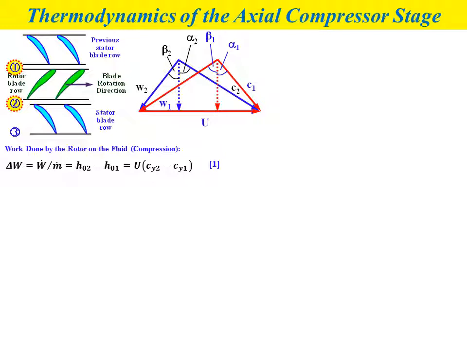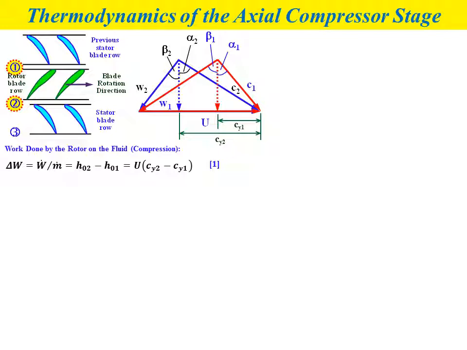Based on the Euler equation, delta W also equals U multiplied by bracket Cy2 minus Cy1. Cy2 is the y component or tangential component for vector C2, and Cy1 is the y component or tangential component for vector C1.